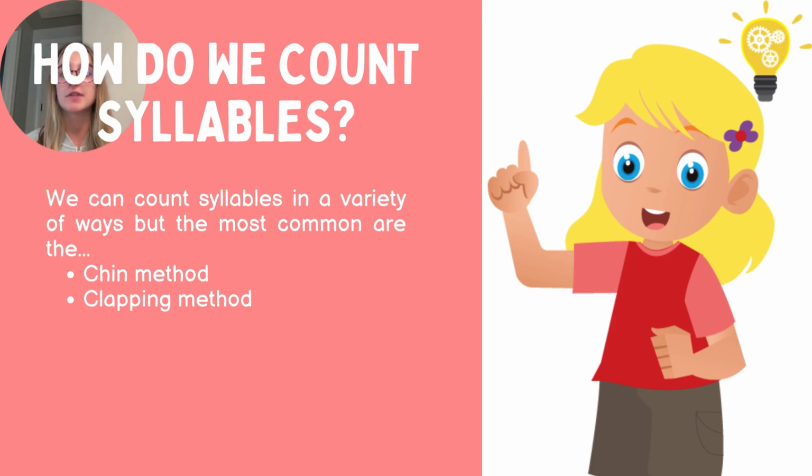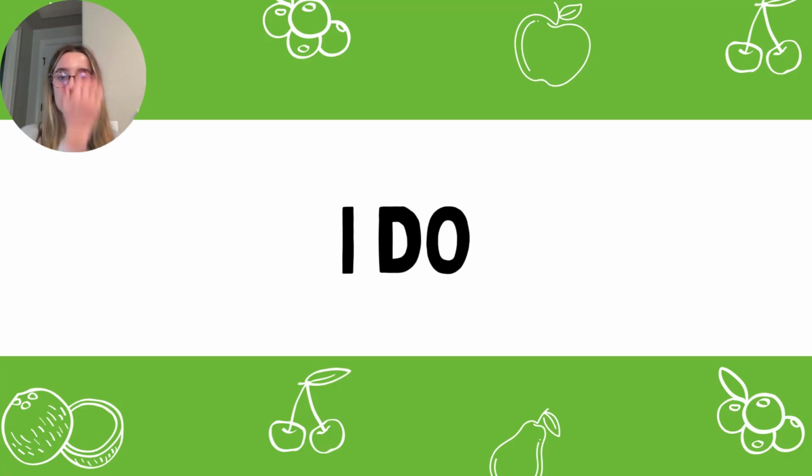And then we also have the clapping method, which we're going to explore a little bit more this week. The clapping method is the same thing, except we clap on every single beat or every single syllable. So method. We practiced that a little bit last week, but we're going to practice again.